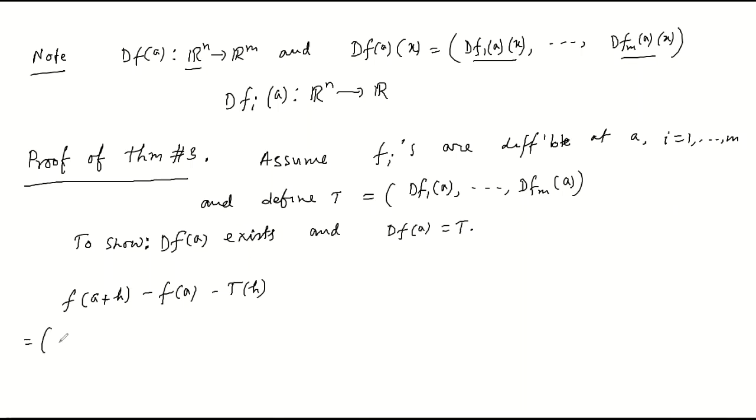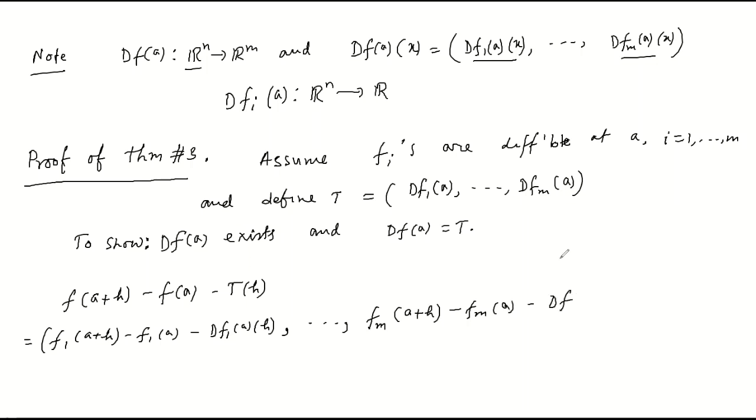Component wise, this is equal to f1 of a plus h minus f1 of a minus t of h, which has first component df1 at a, so minus df1 at a acting on h, and this is the first component, and so on. The last component is fm of a plus h minus fm of a minus dfm at a acting on h.